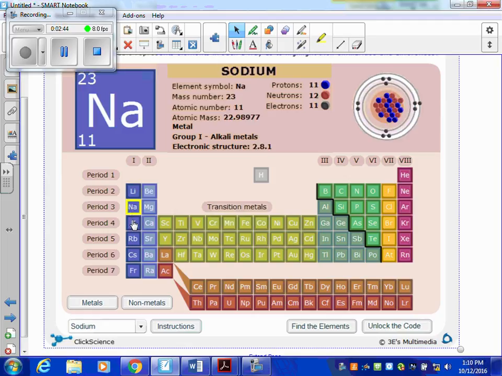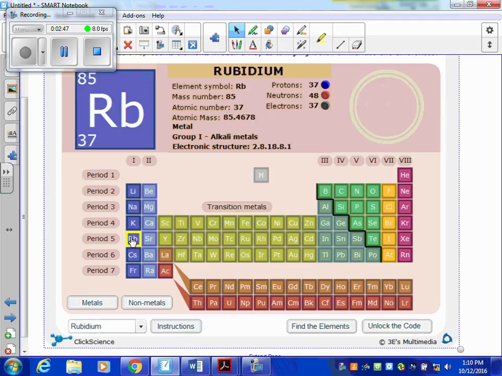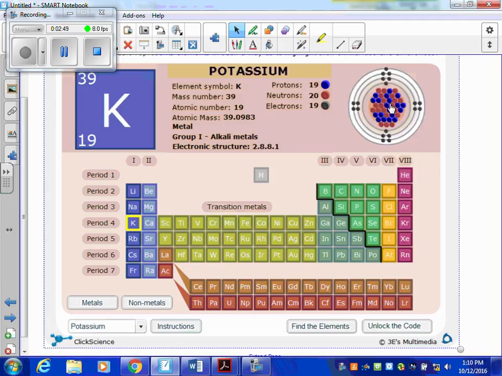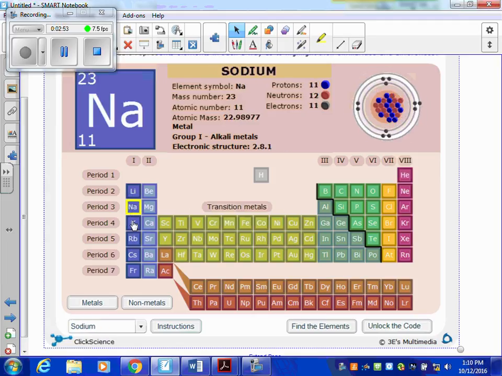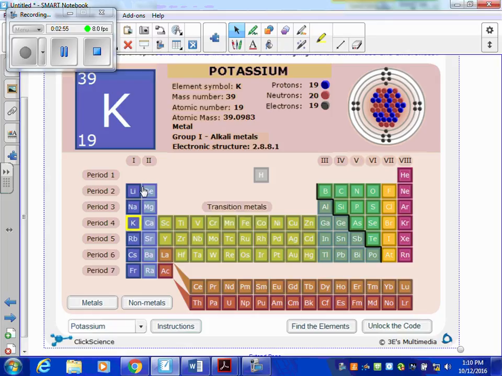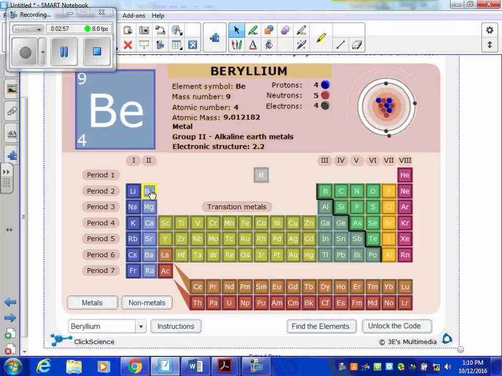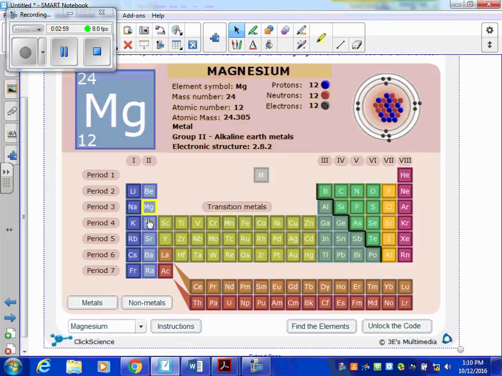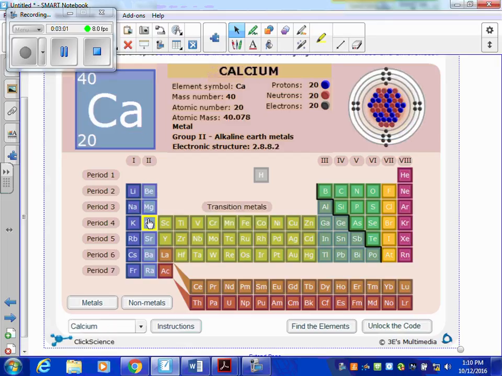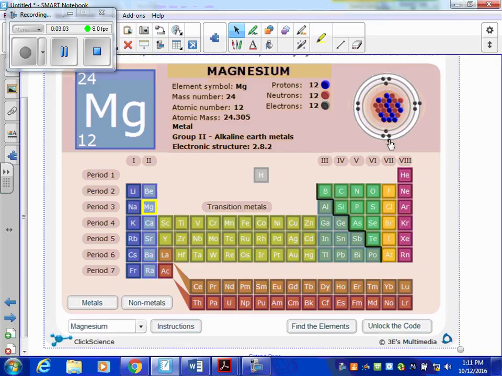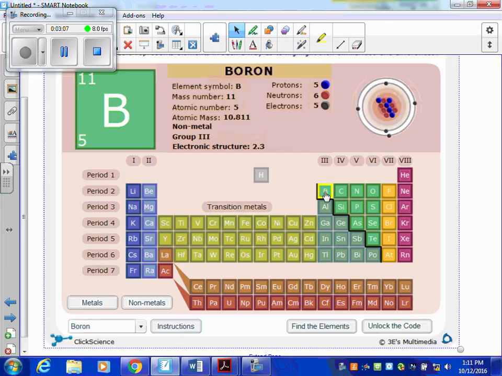Something that this family has in common, if you look at the outer edge, is that it has one electron in the outer shell. So all of the atoms have one electron. In family 2, you guessed it, there are 2 electrons in each outer shell. If you go over to group 3, 3 electrons, count them, 1, 2, 3.